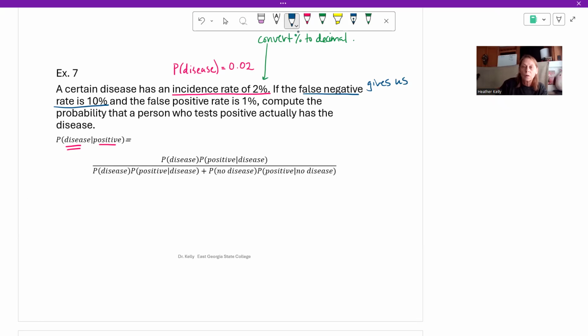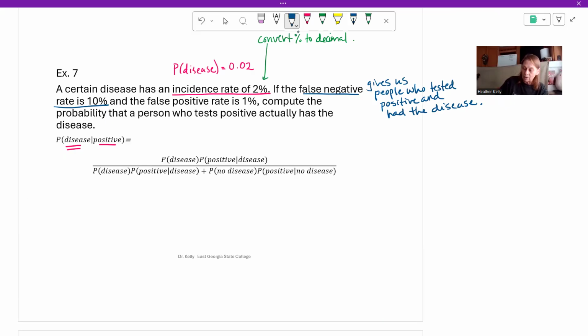So these are people who tested positive and had the disease. This is called the false negative rate.